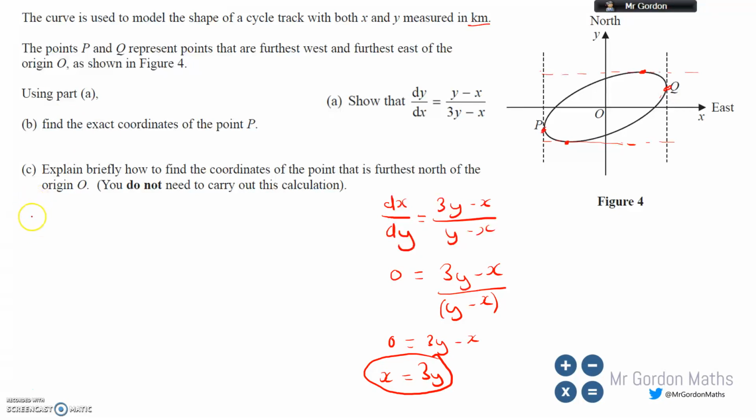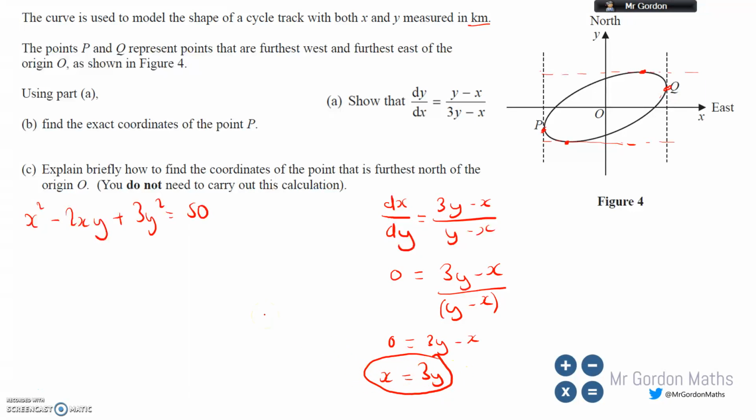Alright, so I'm going to use the original equation, which was x squared minus 2xy plus 3y squared equals 50. I can't solve this because it's got x and y's in it. I don't have another equation to do simultaneous equations. But I do have this. Well, effectively, this is a simultaneous equation. I have this relationship, 3y equals x.